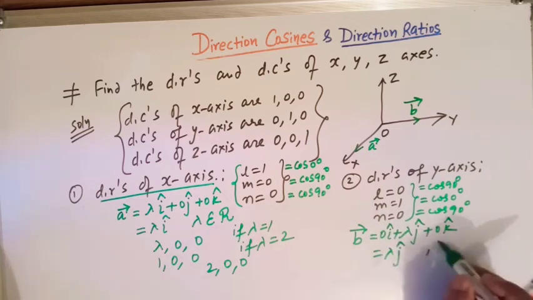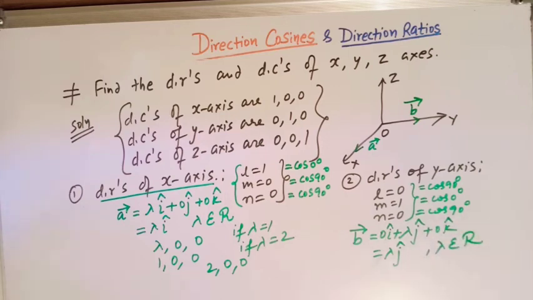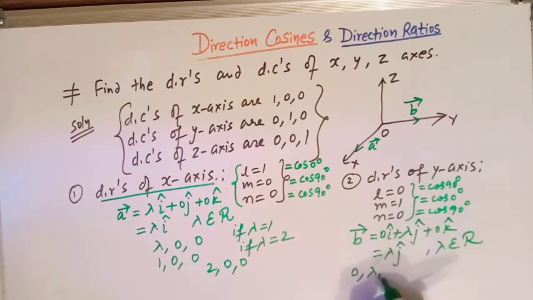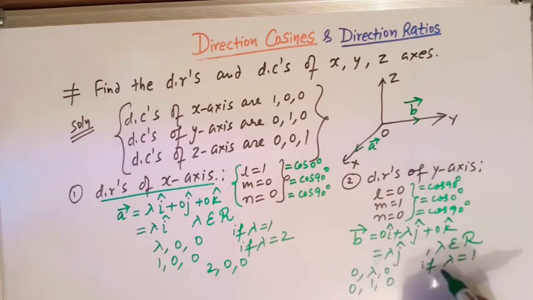Now this lambda again belongs to real numbers, so the direction ratios of y-axis are 0, lambda, 0. Again, if lambda is, say, 1, then the direction ratios are 0, 1 and 0, right? If lambda is, say, 5, then the direction ratios are 0, 5 and 0. Clear?